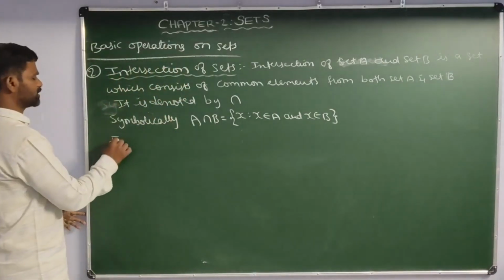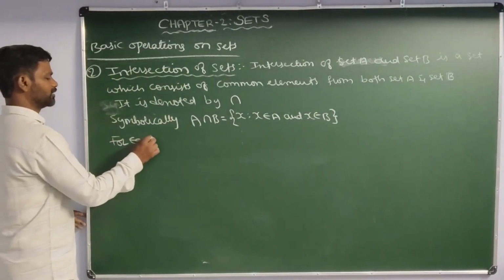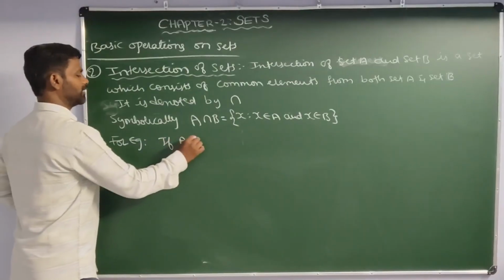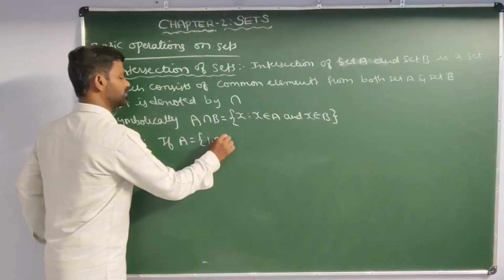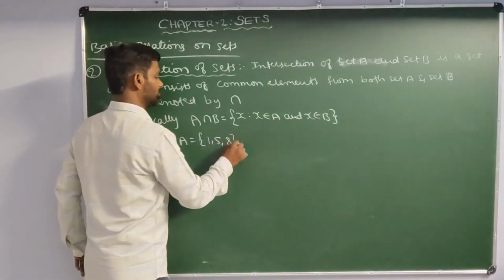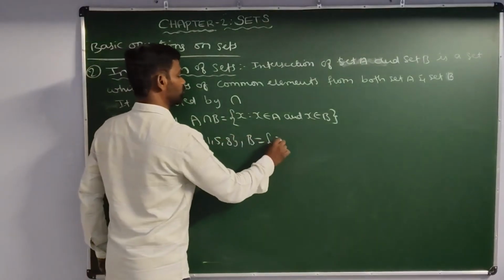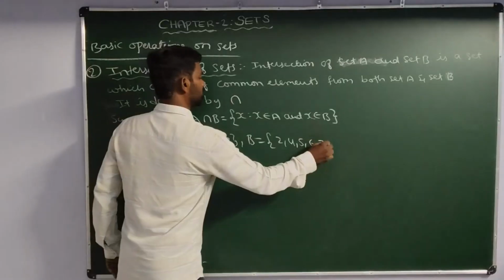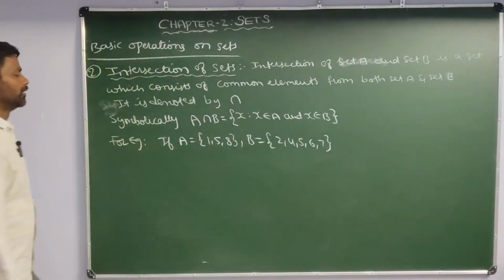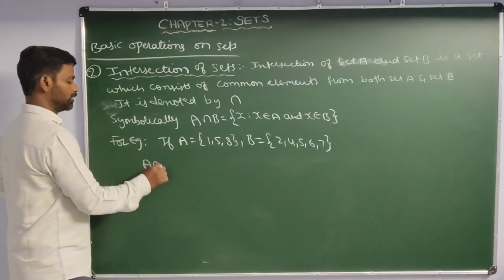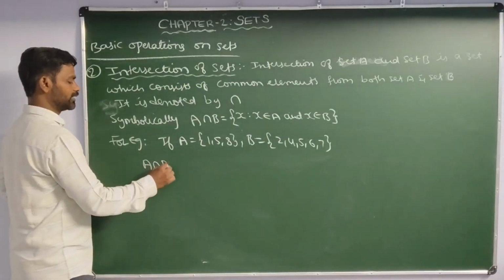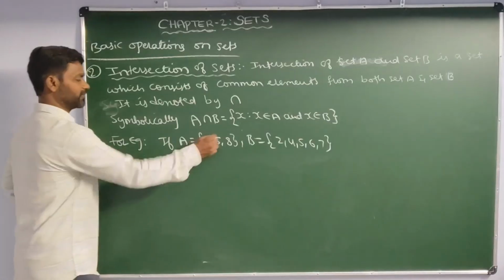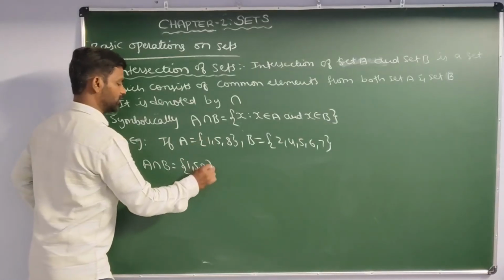Let us take one example. For example, set A is equal to 1, 5, 8 and set B is equal to 2, 4, 5, 6, 7. Let us perform the operation, that is intersection. What are the elements of A? 1, 5, 8.